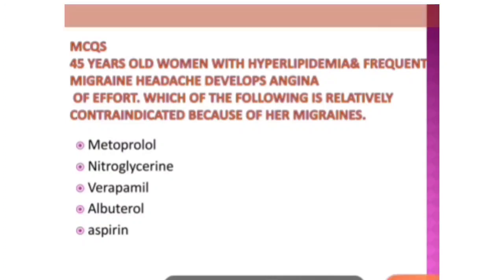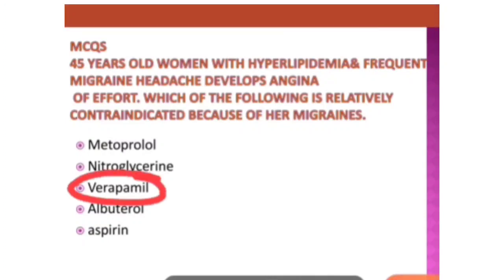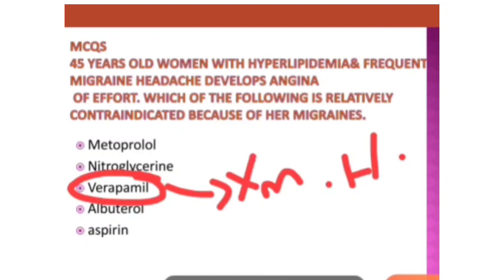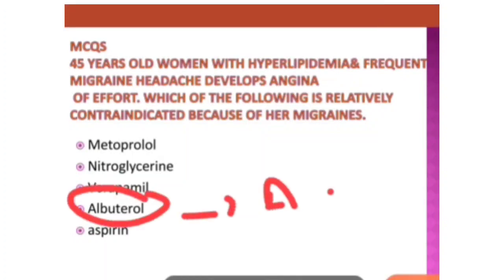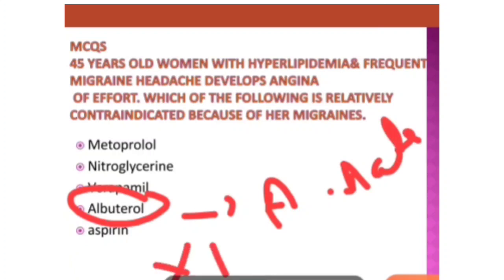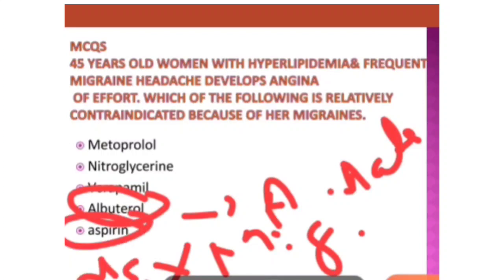Verapamil is also an option to treat migraine, but it is not a migraine trigger, so it is not contraindicated. Albuterol is used to treat asthma in acute conditions, and it does not cause migraine or contraindication. Aspirin is also not relevant; we never use it to treat this.